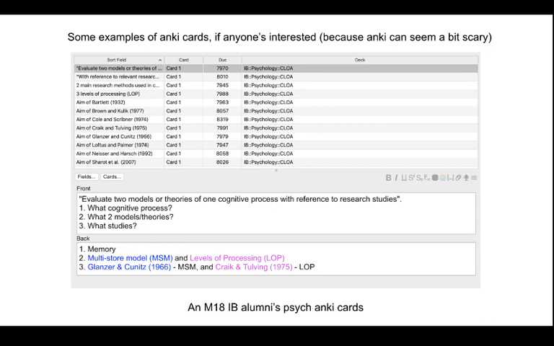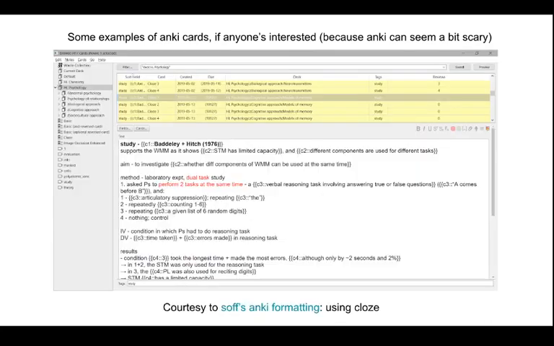That's what this person did. They had cards for aim, procedure, results, and then cards for how to answer X question. But because I'm lazy, I just did it like this, and for me personally, it worked effectively.